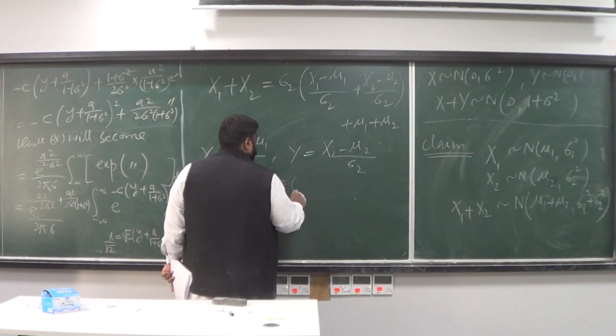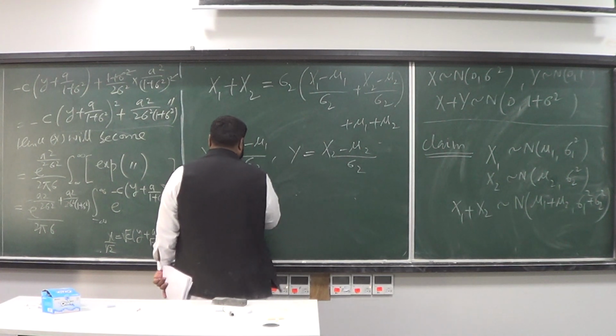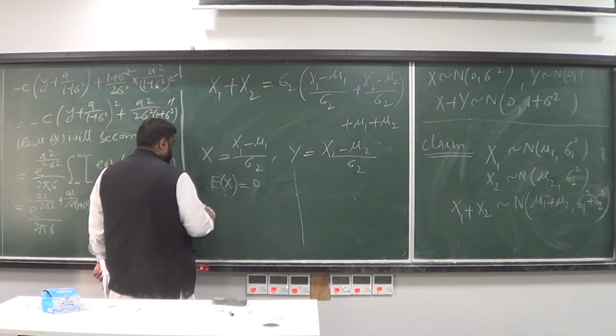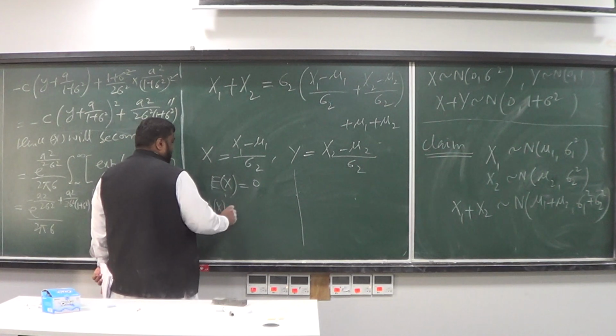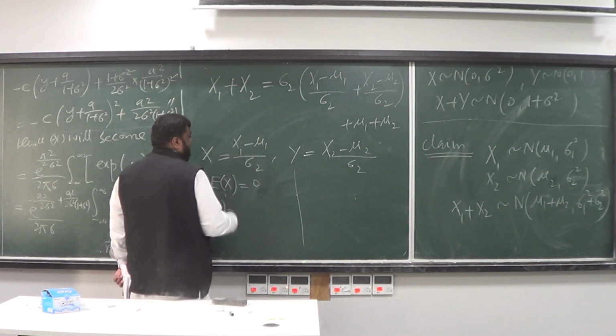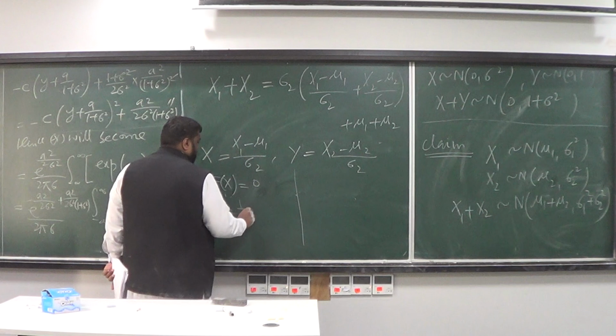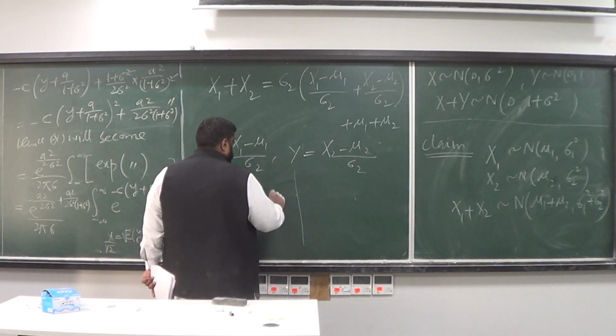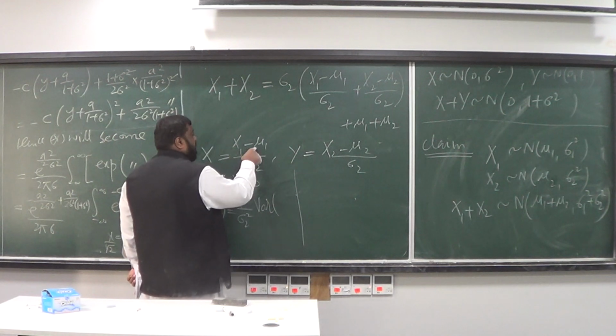The variance of x is going to be 1 over sigma 2 square times the variance of x1 minus mu1.